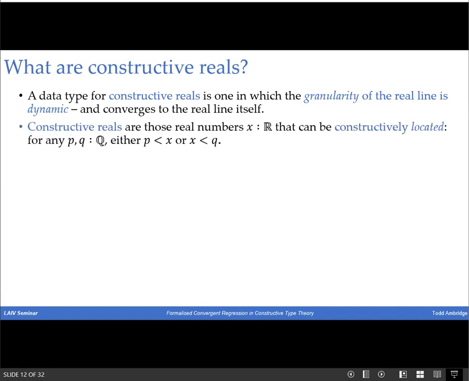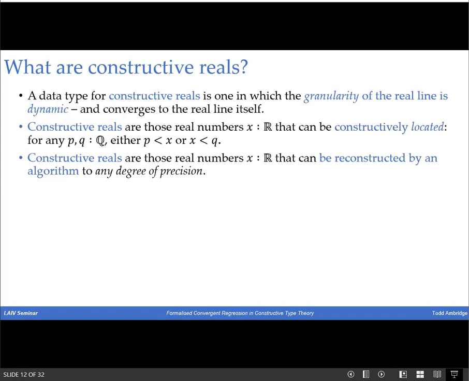Another way of describing constructive reals is as those real numbers that can be constructively located. So given any two rational numbers, we can locate the real either above one of them or below the other. They're also real numbers that, in a more computational sense, can be reconstructed by an algorithm to any degree of precision.